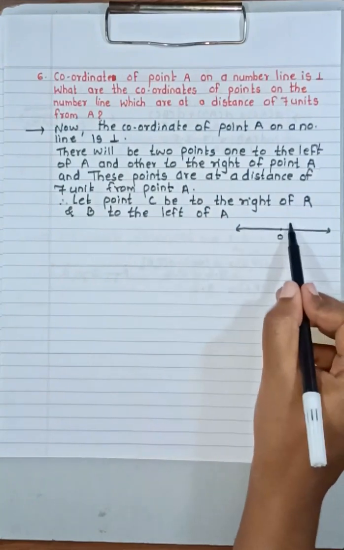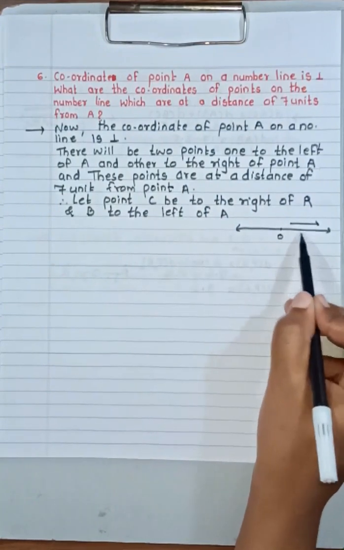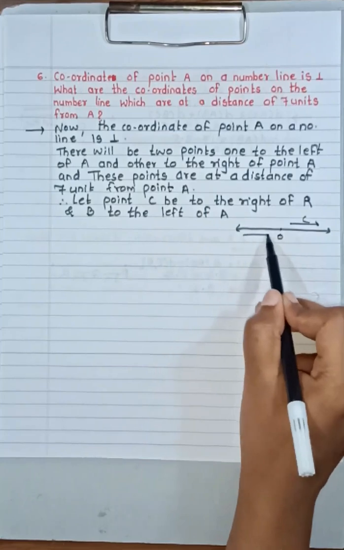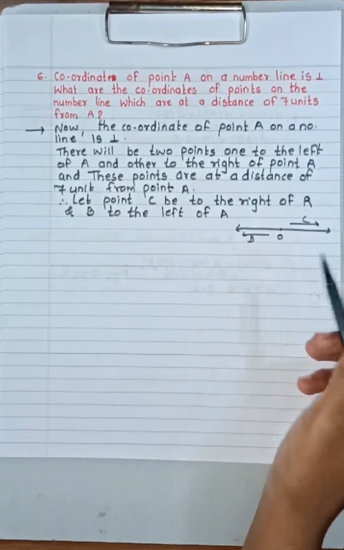So C is to this side. C point may be anywhere over here, and to the left side we have B.